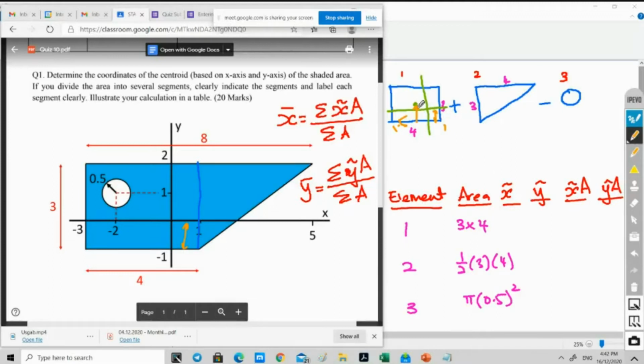So in that case, the y coordinate is 1.5. Right, it's upward 1.5. For the x coordinate, I know that this length here is also 1, while this whole length until the centroid is 4 divided by 2, which is 2. So the coordinate will be -1 in that case.